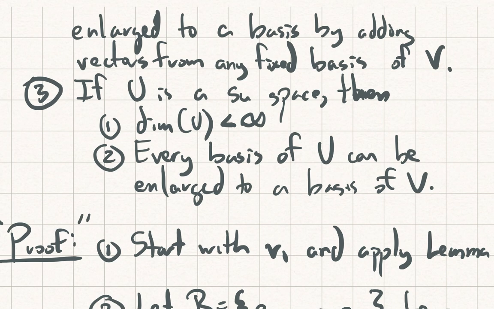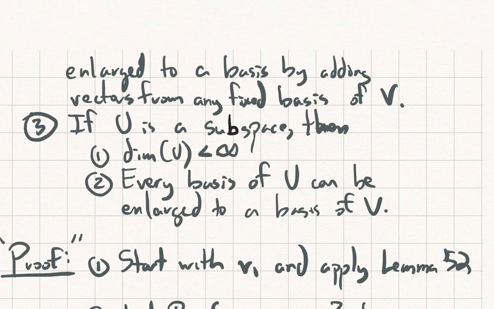The third thing says that if we have some subspace U of V, then the dimension of that subspace has to be finite, of course. And if we have a basis of U, we can enlarge it to a basis of the vector space itself. Let's talk about why these are true. I'm not going to prove these in precision, but I'll give you a hand-wavy proof.